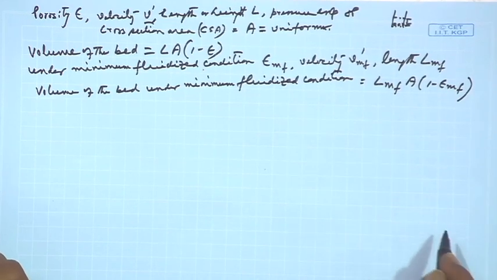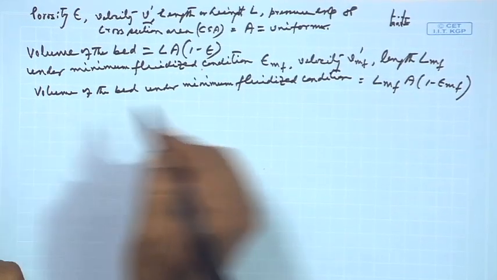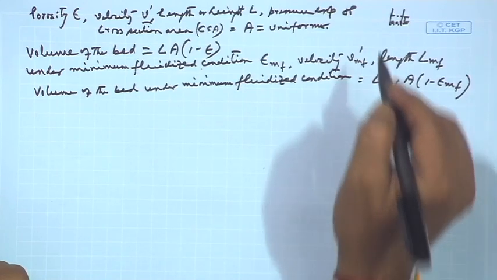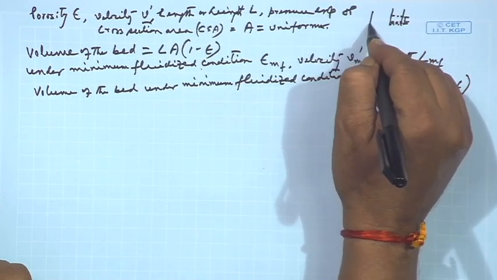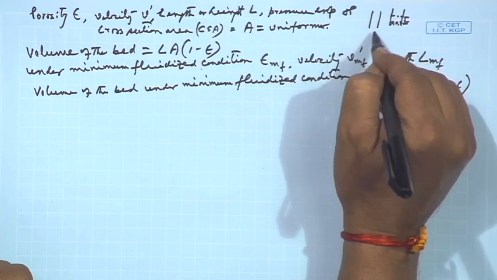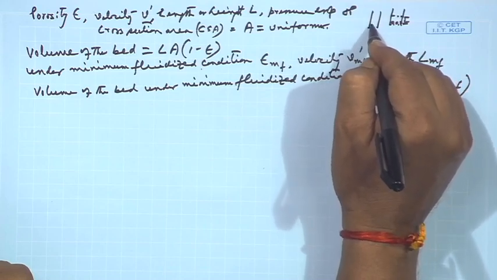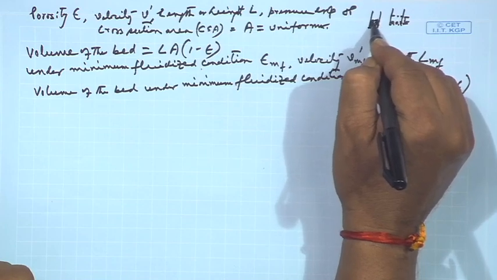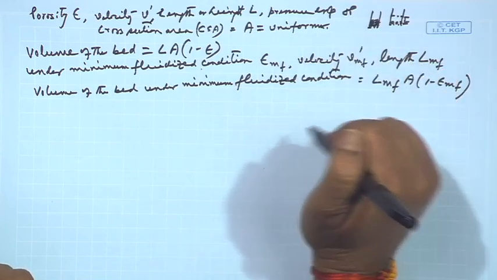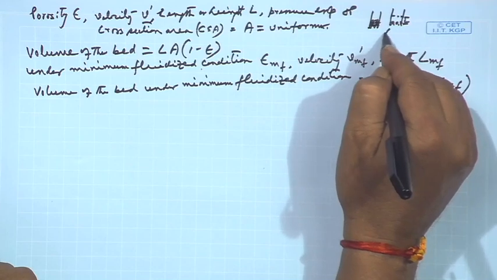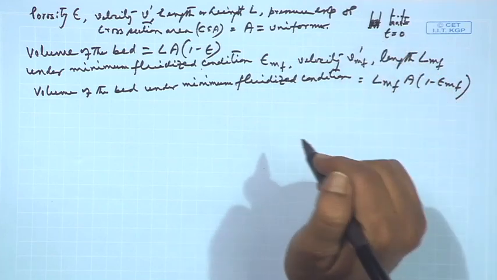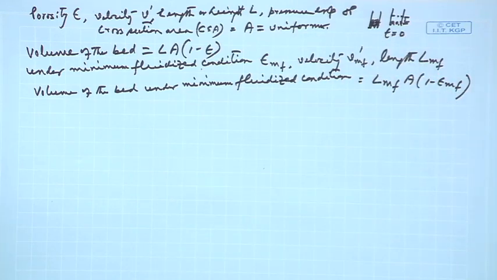Now, if we assume that there is no porosity, so here we have the container and the particles are like that, highly compact, no porosity, epsilon is 0, then it becomes full solid particles.